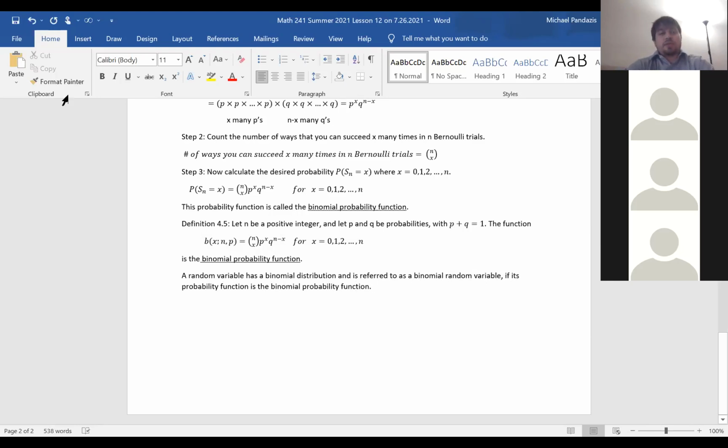So if you have an experiment with this probability function, the binomial probability function, then you know your random variable is a binomial random variable with a binomial distribution.